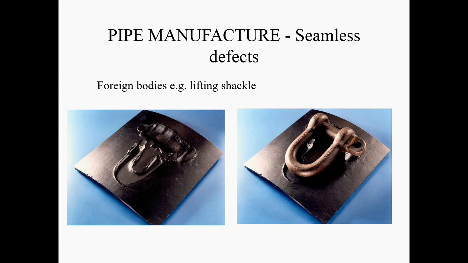And somebody left on the pallet a shackle. And then that shackle ended up going in through the billet heater, and somebody squashed the shackle onto the surface of the pipe, and then it went through the whole process. So it actually was pushed into the surface.